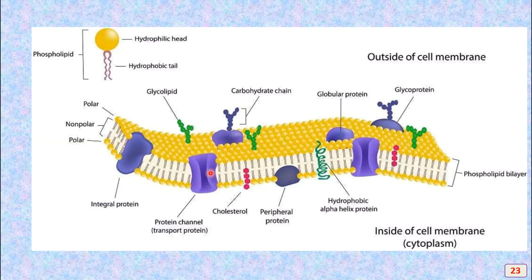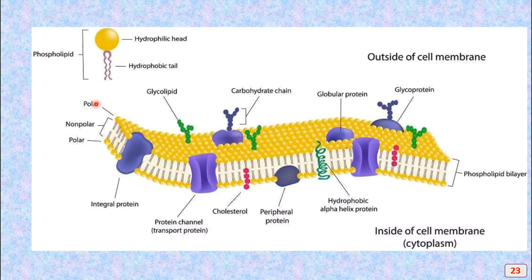Then cholesterol is also a very much required material in the body. The cholesterol gives strength to the cell, whereas the integral proteins also support the cell membrane. Then there are different layers in the cell membrane.